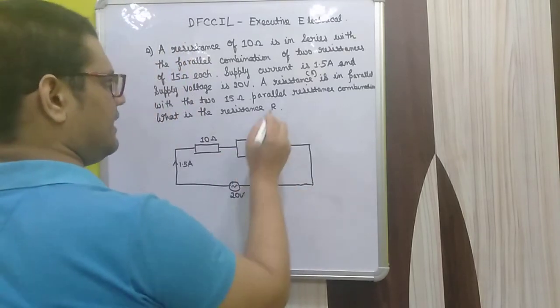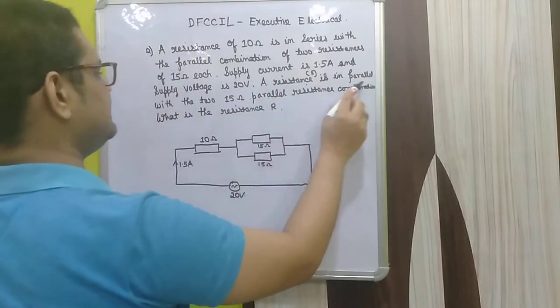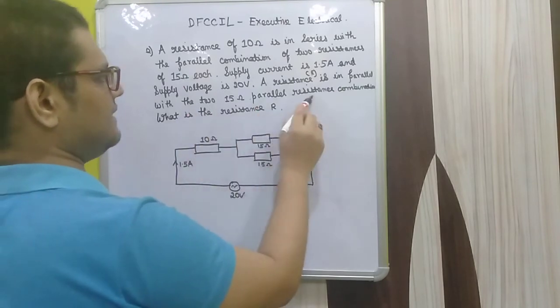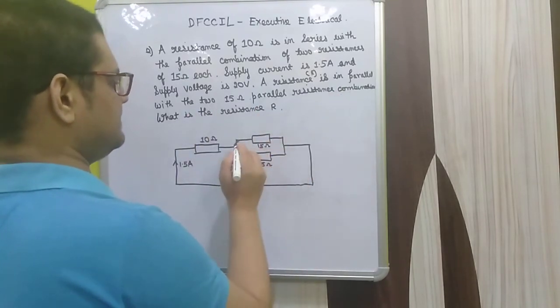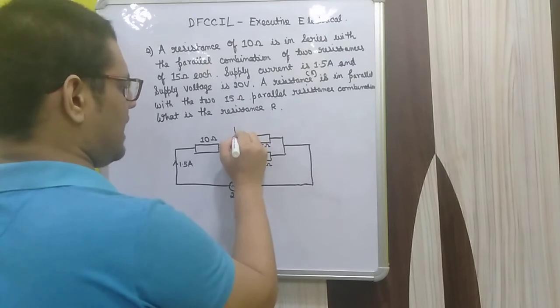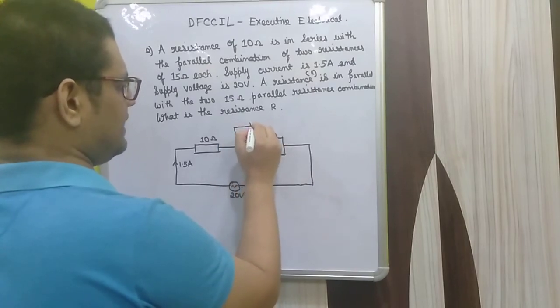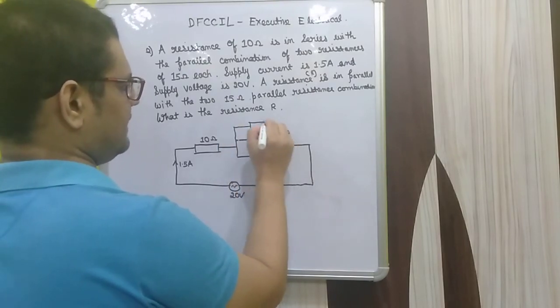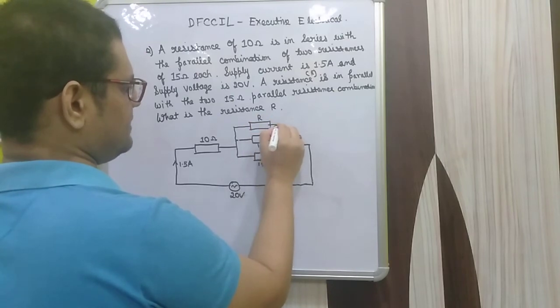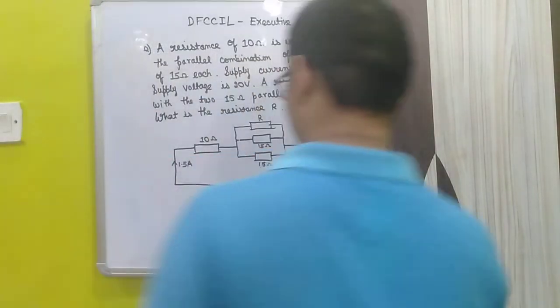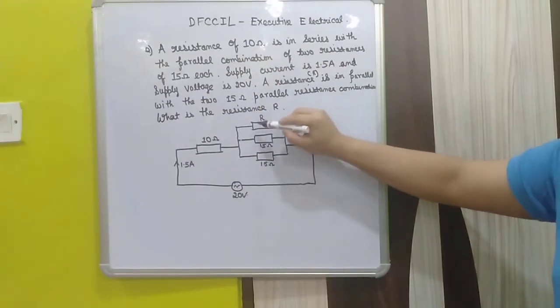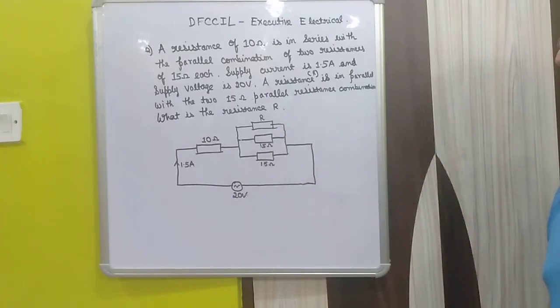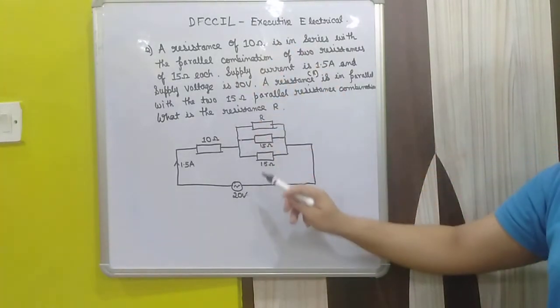This two parallel resistance combination has another unknown resistance connected in parallel with it. So we have to finally calculate this resistance. I hope you have understood what the question is asking.